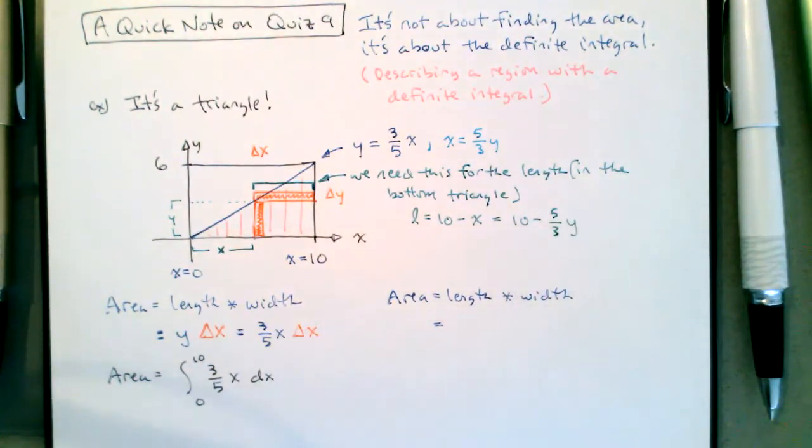So this is why, even though the integral you put with 5/3 y from 0 to 6 gives you the correct area, it's the area of the top triangle, and I wanted a definite integral for the area of the bottom triangle. Once again, because I wanted the definite integral, not the area of the triangle.